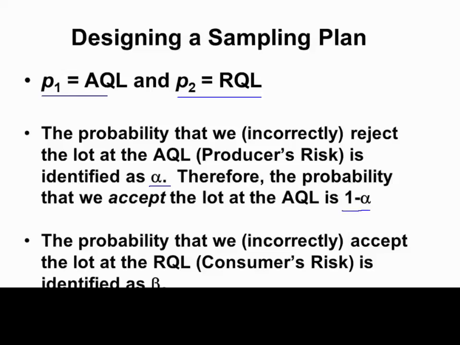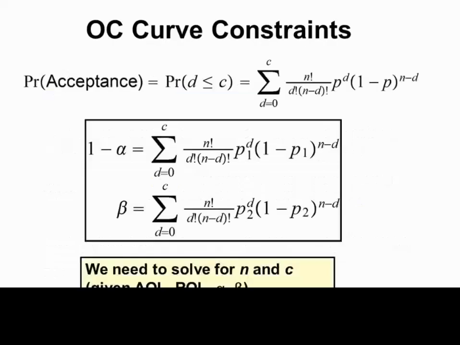Probability of acceptance at the RQL: what do we want to have happen at the RQL? We want to be rejecting. So accepting is an error. That is beta, consumer's risk. Now, in general, this is the expression we have: the probability that D is less than or equal to C, which leads to acceptance, is this cumulative binomial. Now we're going to write this twice, once at the AQL, once at the RQL.